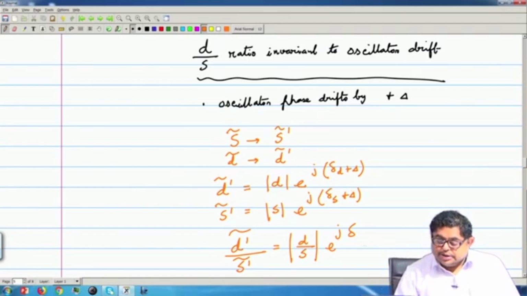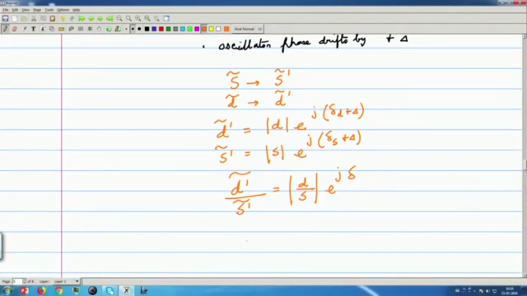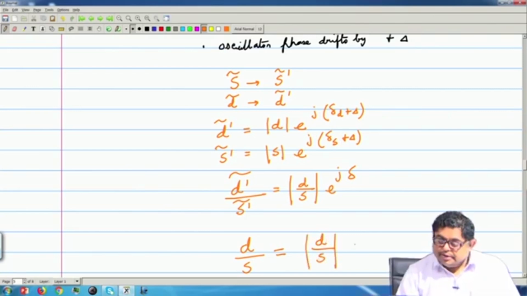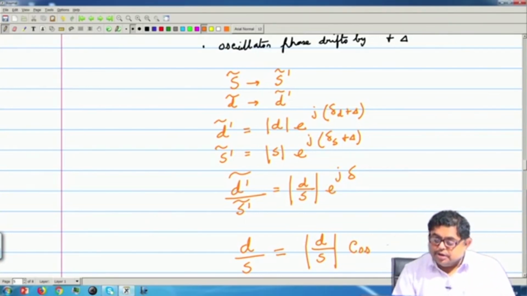Also, you see, what is the real D by S ratio at any time? D by S is this, and then if we take the real part, that means our LO is less than RF, it is multiplied by cos of the angle delta.